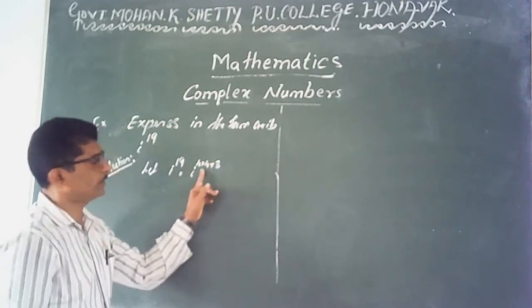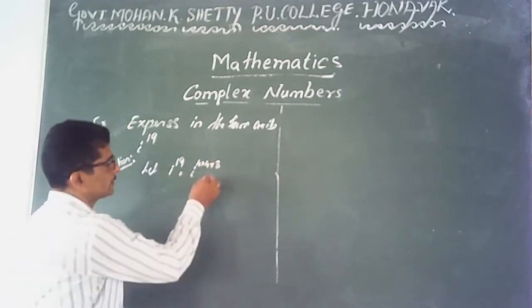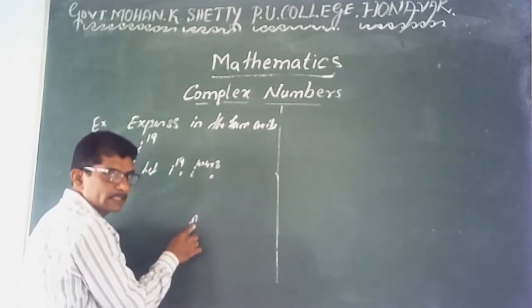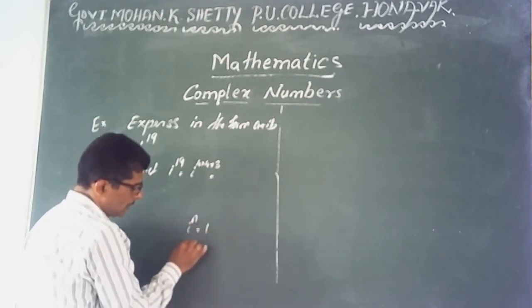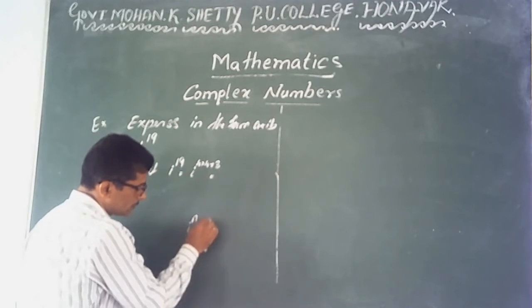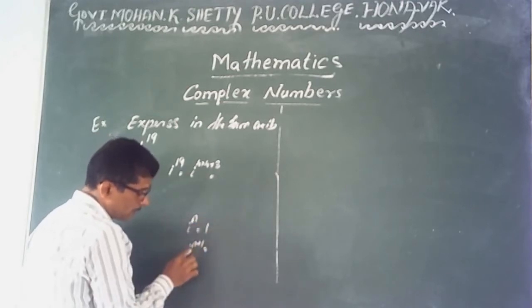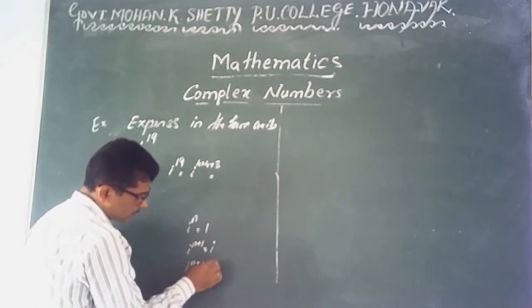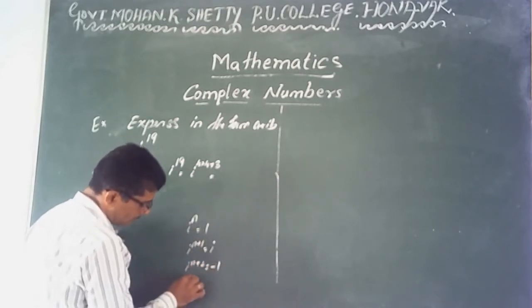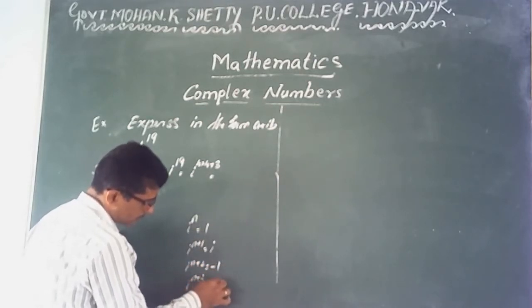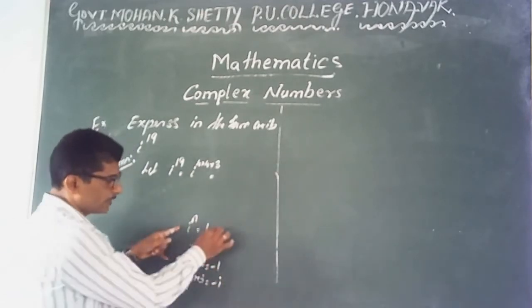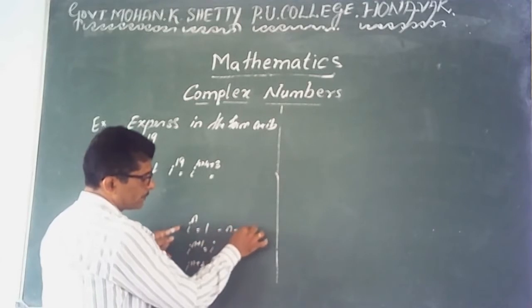I already explained: i raised to n, where n is a multiple of 4, its value is 1. I to the power n plus 1 is i. I to the power n plus 2, its value is minus 1. I to the power n plus 3, its value is minus i. Just remember, where n is a multiple of 4.